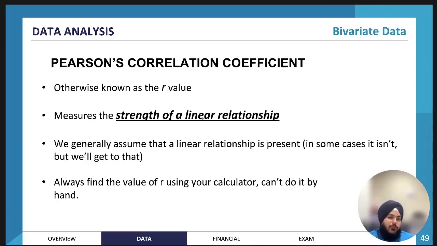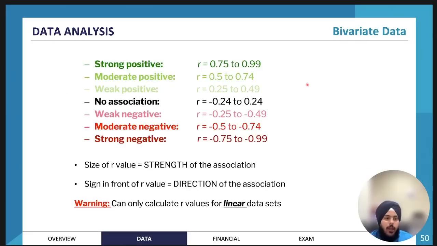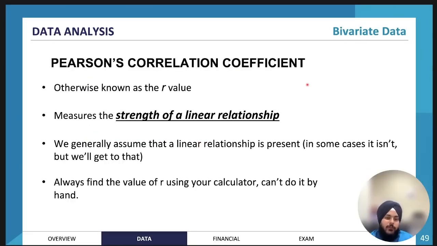R values will range from -1 to +1, and how close it is to the extreme, -1 or +1, will determine how strong your correlation, or your association, is between the two variables. Again, for your R value, you will not be determining that by hand. You will be using your calculator to do this for you.